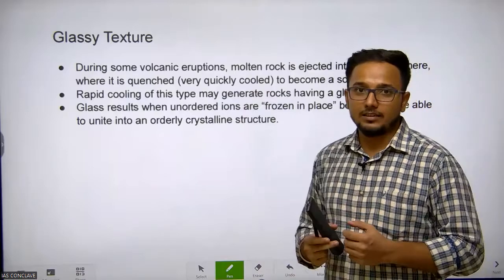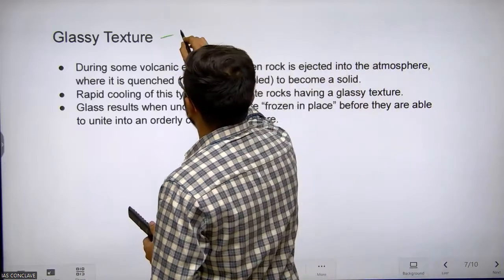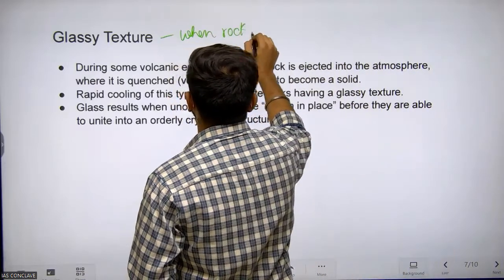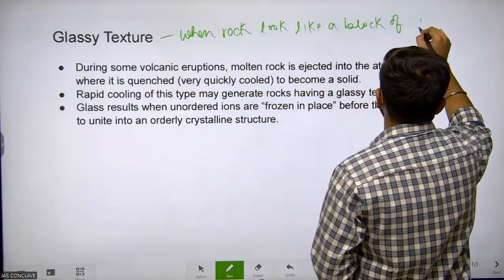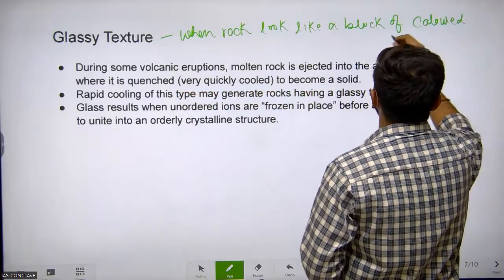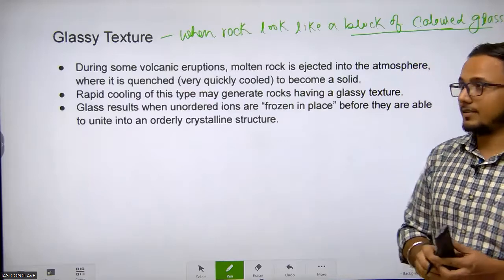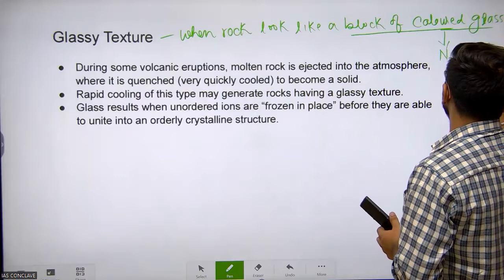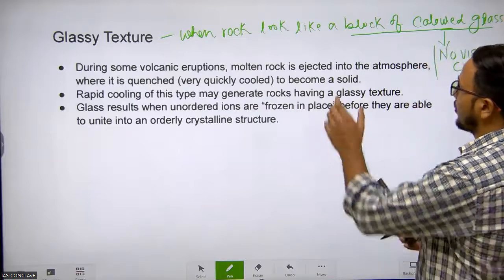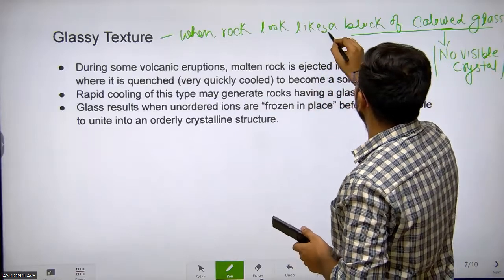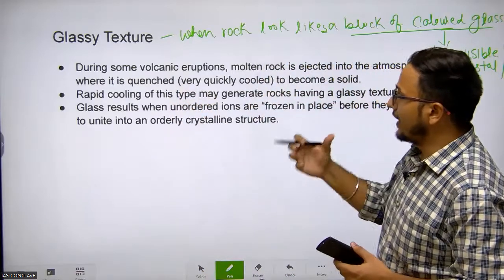What is glassy texture? When a rock looks like a block of colored glass with no visible crystal, it is known as the glassy texture.